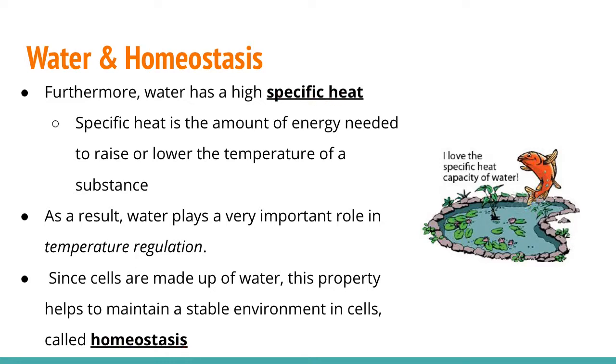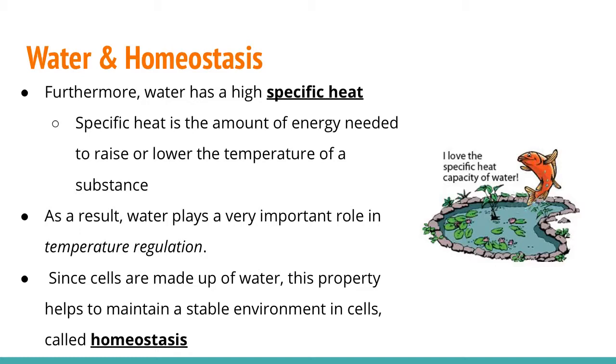But the specific heat is important because water takes a lot of energy to change its temperature, whether that's to cool down or to heat up. The more water that we have in us, it's going to help us to regulate our temperature really well. What we see with people who get dehydrated is their temperature can't be controlled very easily, so their temperature changes a lot.